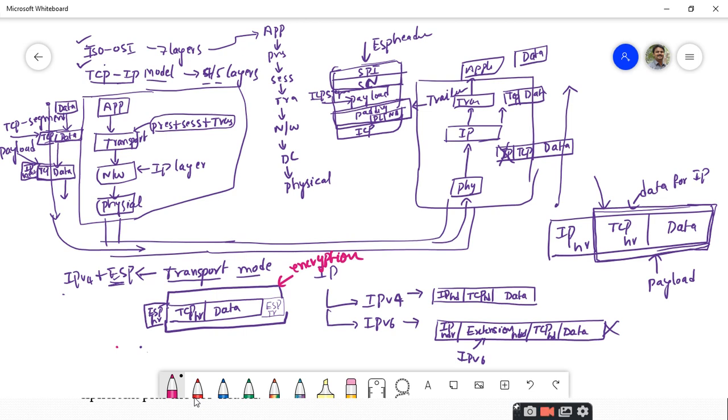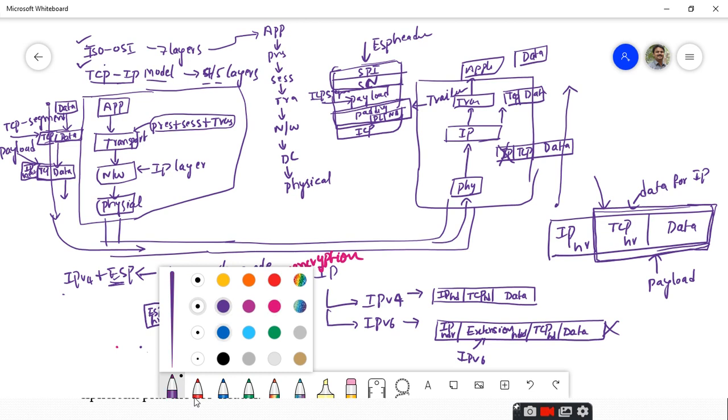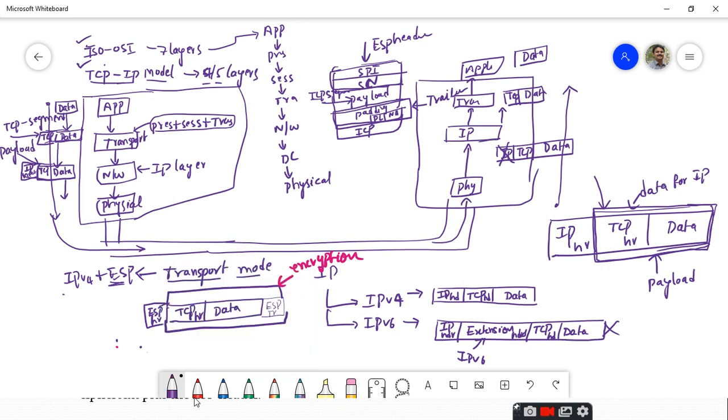So here what happens is the transport header plus data plus ESP trailer, you are going to encrypt it, and whenever you select the authentication also, from ESP header to ESP trailer, it is authenticated. Whatever authentication information you have, you will be keeping at the ESP authentication.